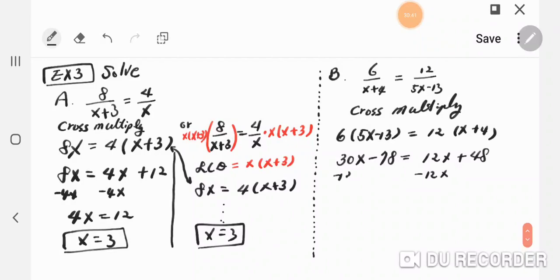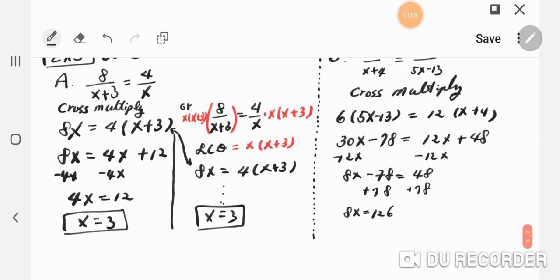And then minus 12x each side. We will simplify this equation. Then this is 8x minus 78 is equal to 48. And then plus 78 each side. Then 8x is equal to, 8 plus 8 is 16, 1 up, 4 plus 7 is 11, so 126.